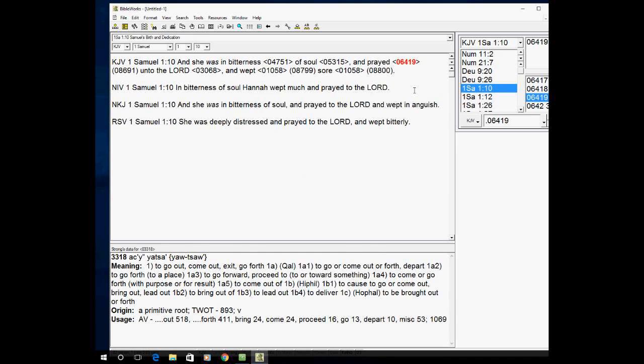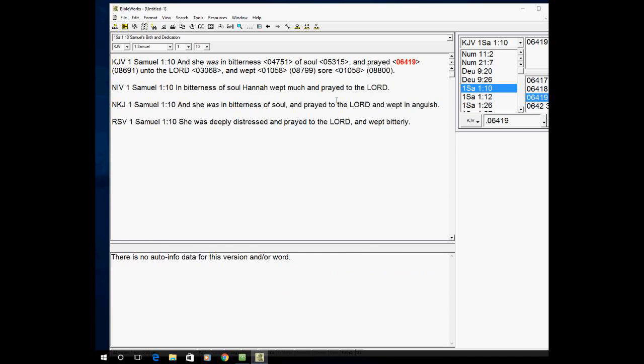Here's an example in 1 Samuel 1 verse 10. In the bitterness of soul, Hannah wept much and prayed to the Lord. She prayed to the Eternal, to the Almighty, the Yahweh. She was in the bitterness of soul and prayed.